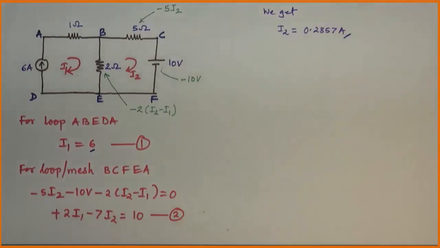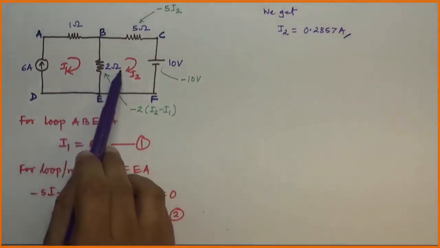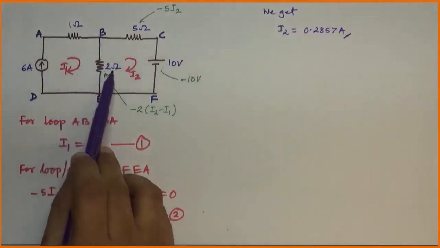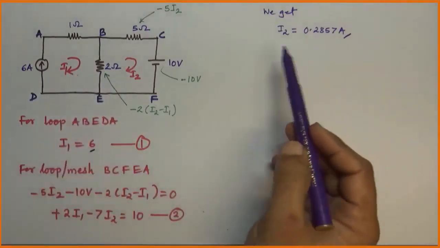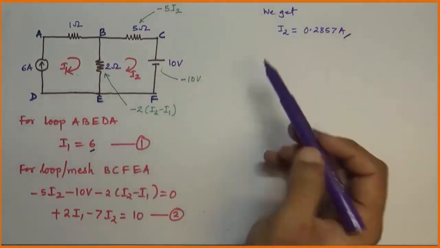Now current through 2 ohm resistor is resultant of two currents because 2 ohm is common to mesh 1 and mesh 2. Now if you look at the values of I1 and I2, I1 appears to be greater than I2.